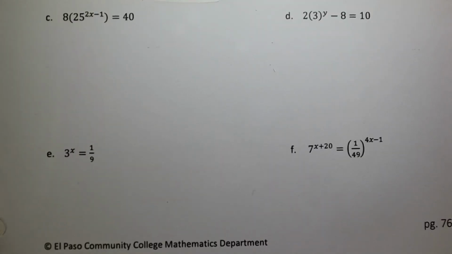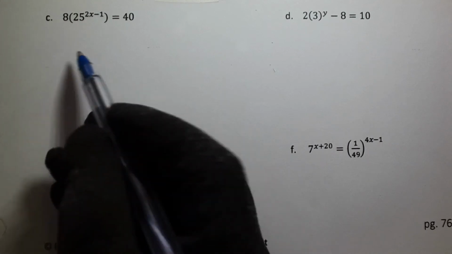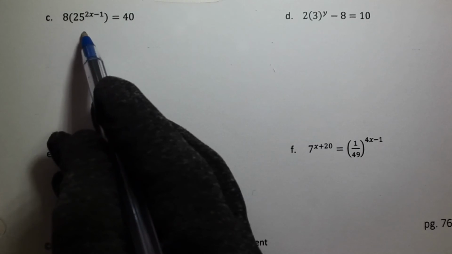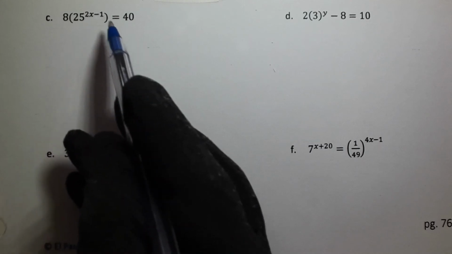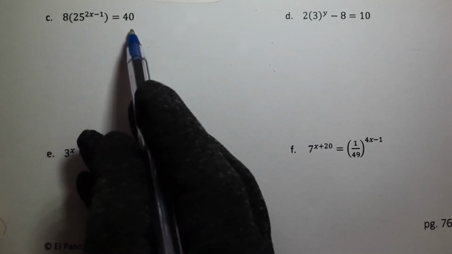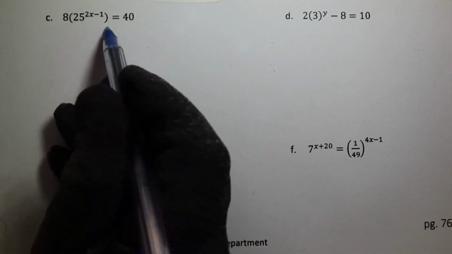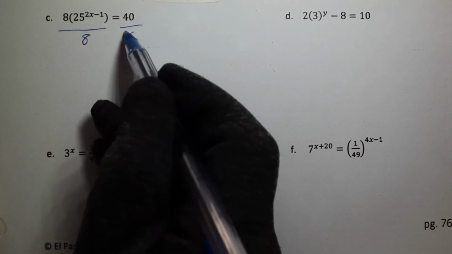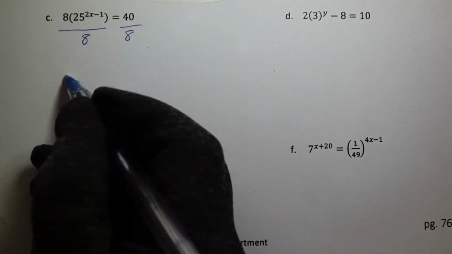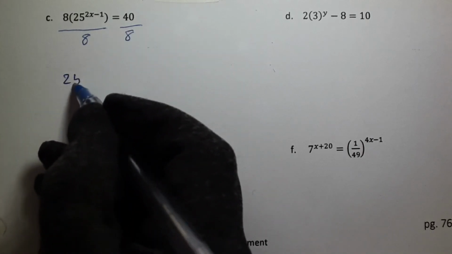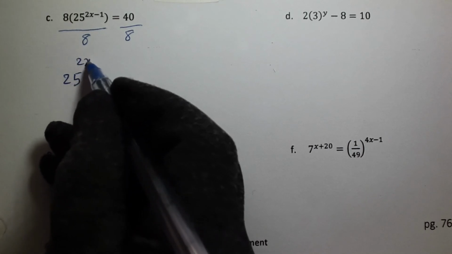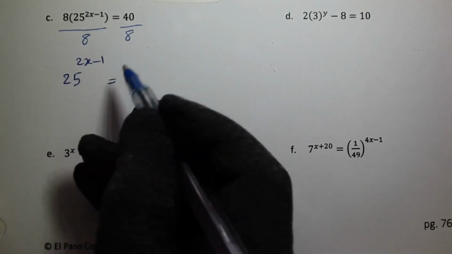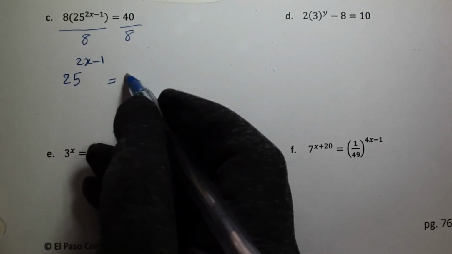Let's solve part C. We have 8 times 25 to the power of 2x minus 1 equals 40. We can first divide both sides by 8. So on the left side you will have 25 to the power of 2x minus 1, equals 40 divided by 8, which is 5.